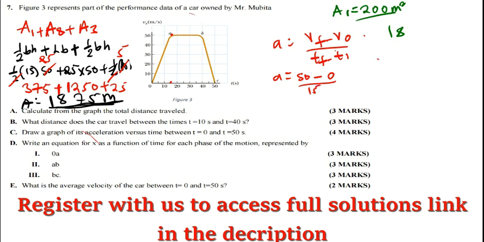So allow me to say from O to A, to make things simple. What is the acceleration from O to A? So it is 50. I divide it by 15, which is 3.3 meters per second squared.